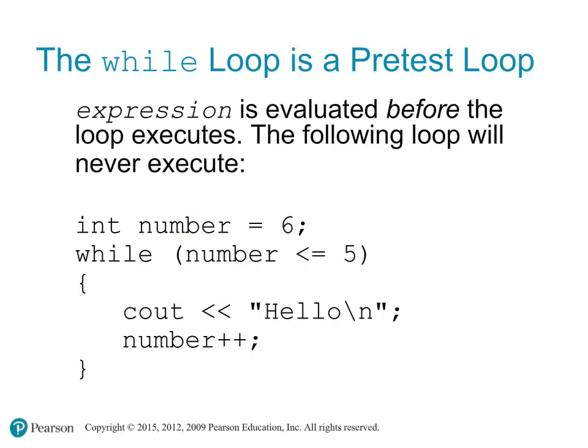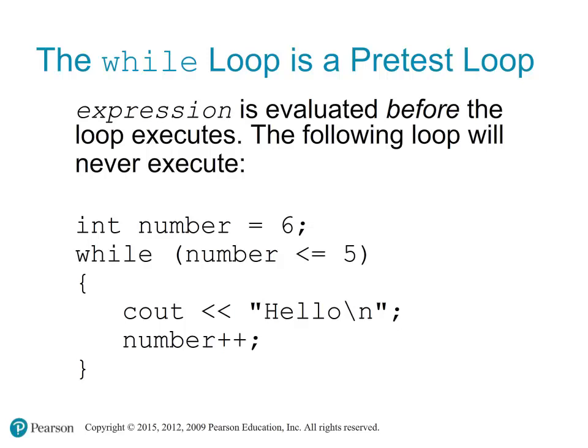The loop expression is evaluated before the loop executes. The integer variable number is initialized to 6. The variable is intended to control the loop's execution. The while loop has the condition number less or equal to 5. This condition is evaluated before the loop starts the first iteration.